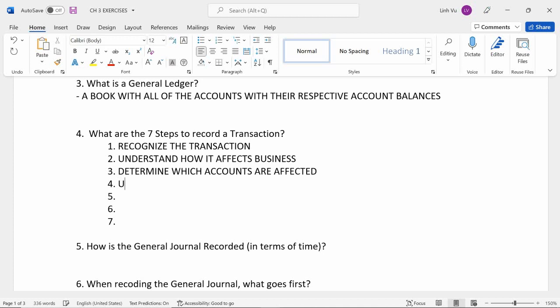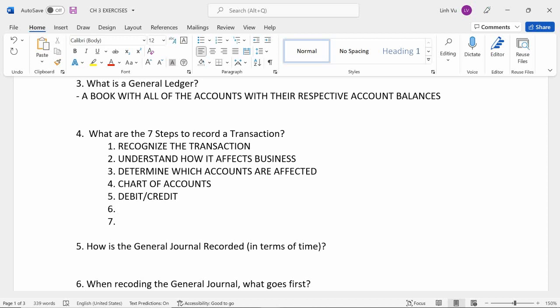Step 4. Use the business chart of accounts to determine which account number represents the account. Good. Use your chart of accounts. Step 5. We use the debit and credit rules to determine if the accounts are debited or credited. Good. That's where your accounting model comes into play, because it gives you a better understanding of how to use a debit for the specific account and how to use a credit for the specific account.